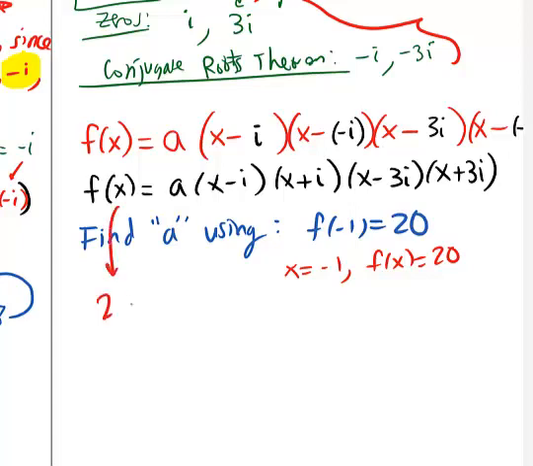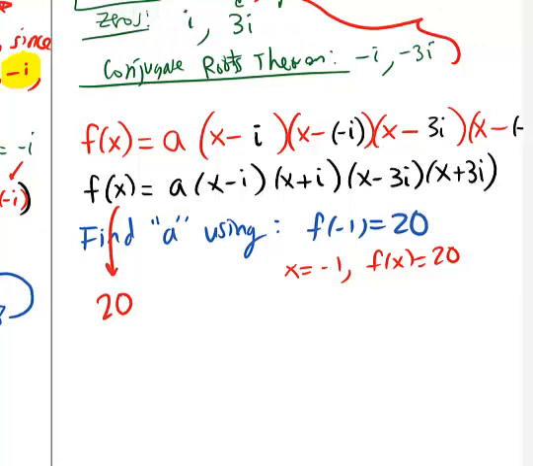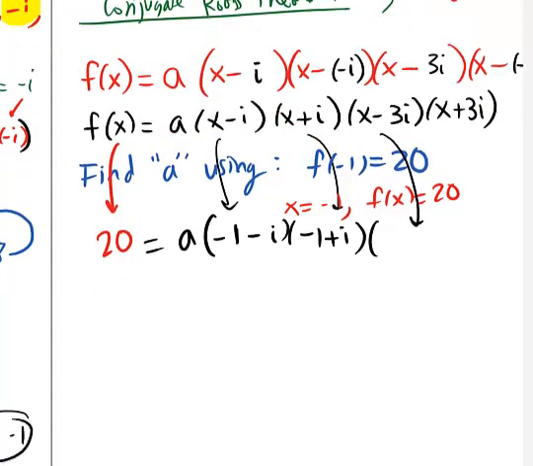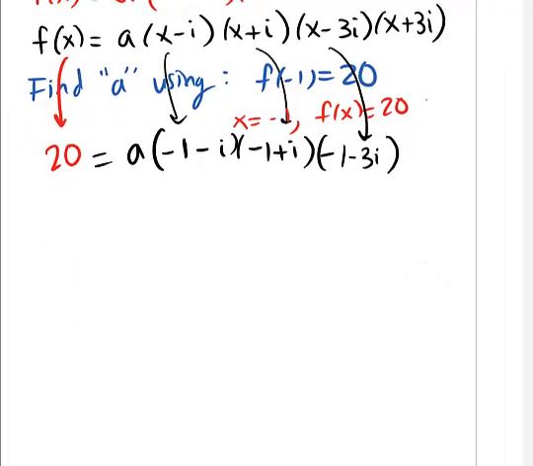So here I'm going to put a 20, and where all the x's are, I'm going to put -1. I have to be careful though, because it's negative. So it's -1 minus i, because there was an x there, and then -1 plus i, -1 minus 3i, -1 plus 3i.